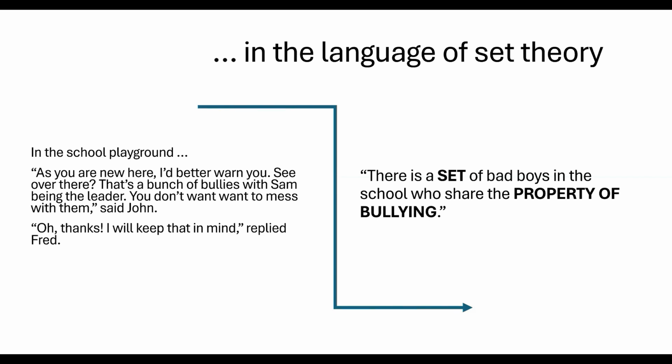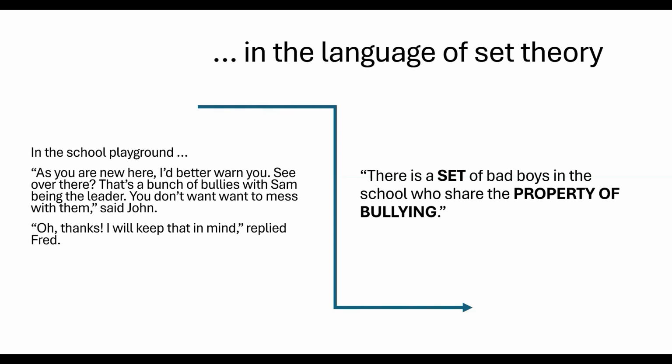There is a set or a group of bad boys in a school who share the property of bullying. So John actually referred to a group of boys in the school who share a certain property.